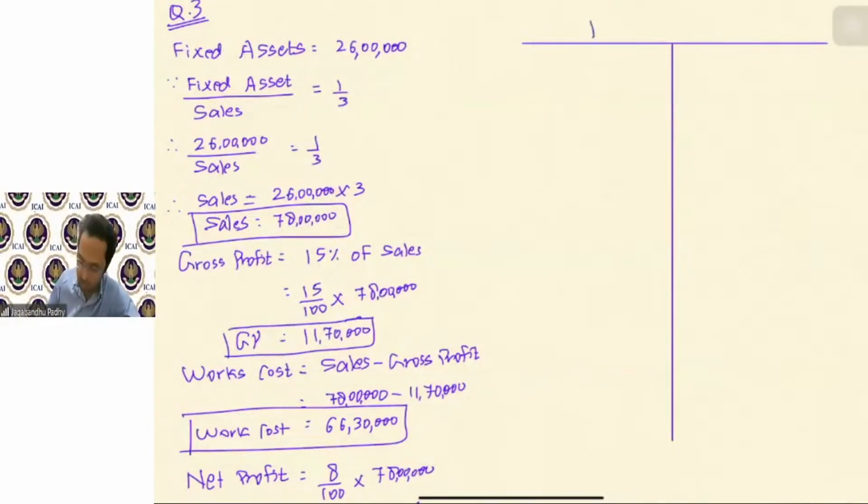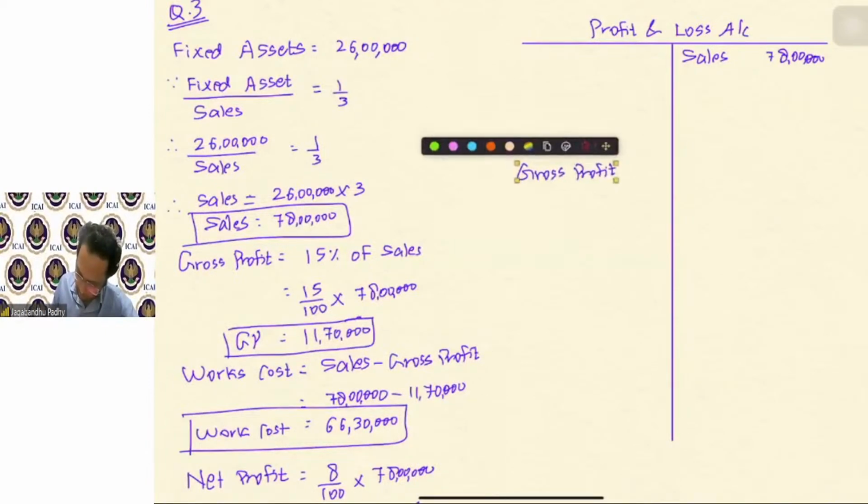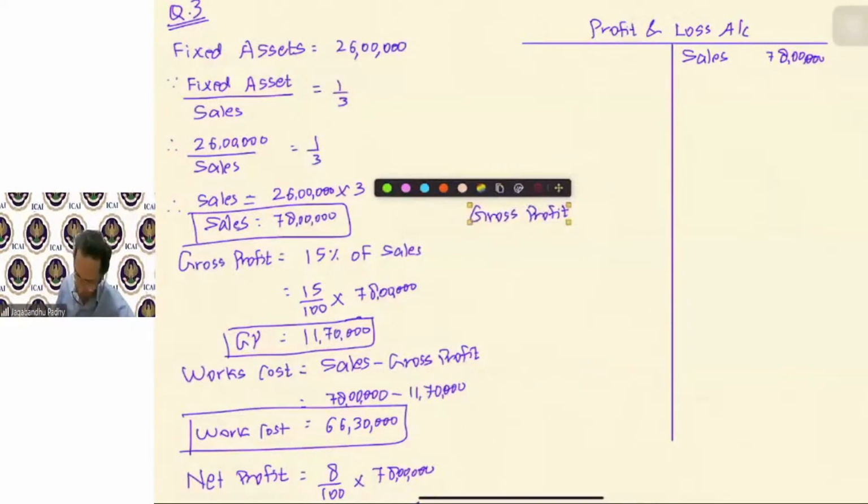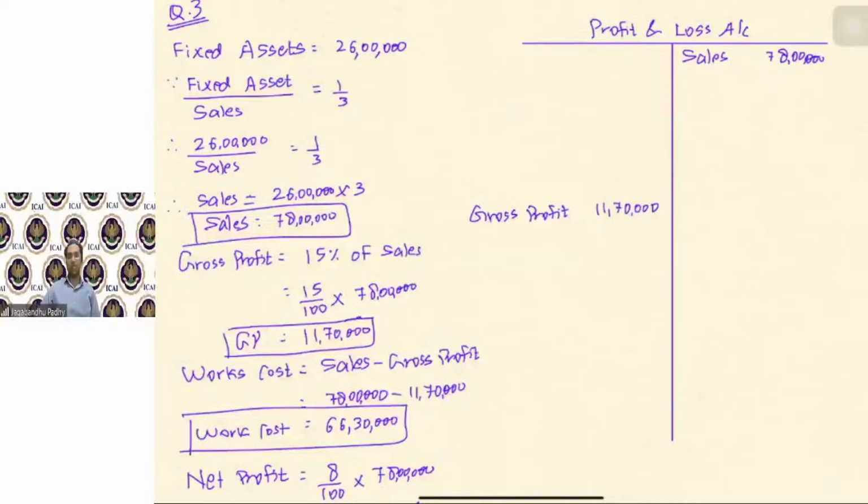Let's say profit and loss account. So we have the sales of 78 lakhs, right? And then we have the gross profit computed as 11 lakh 70,000.